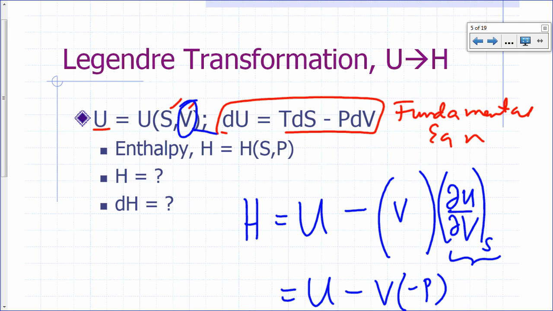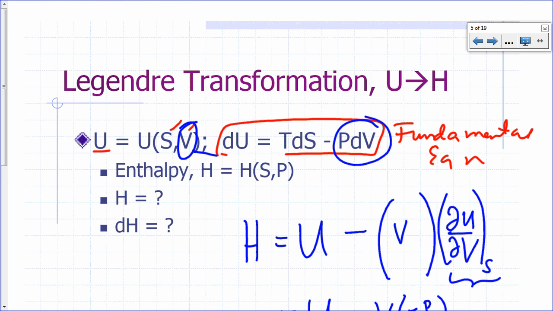Remember, I don't want to deal with volume, I'd rather deal with pressure. So this ends up being plus VdP. But now I have a new function that I have to use. This time I'm calling it H. So dH is TdS plus VdP. This is a consequence of a Legendre transformation where we're replacing volume by pressure.